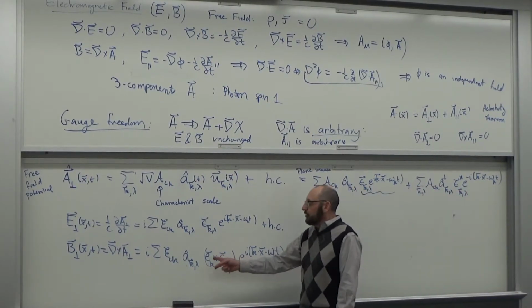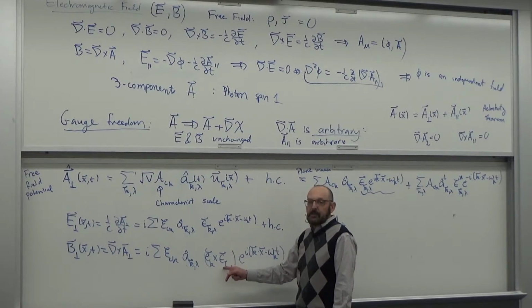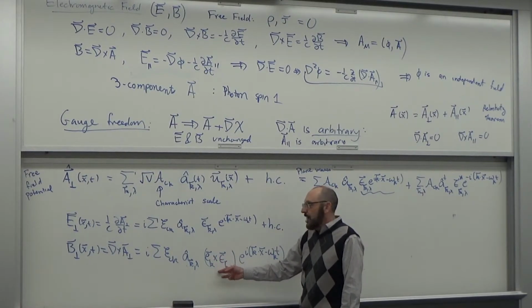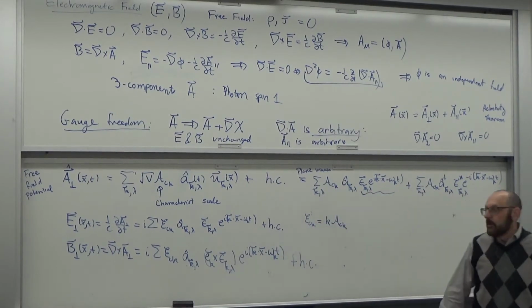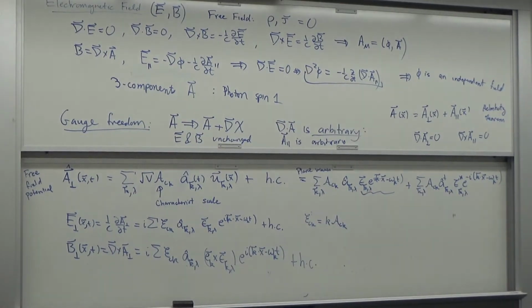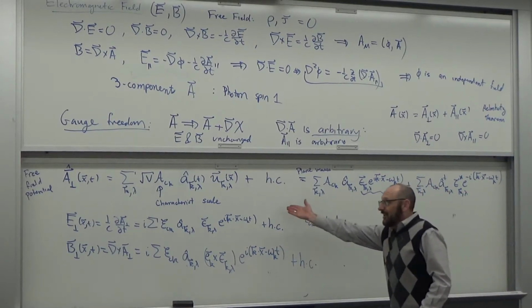What I did is this originally was k cross epsilon, and then I factored out the magnitude of k, and it gave me the same thing that we had before. All right? Hooray! We have the quantized electromagnetic field.